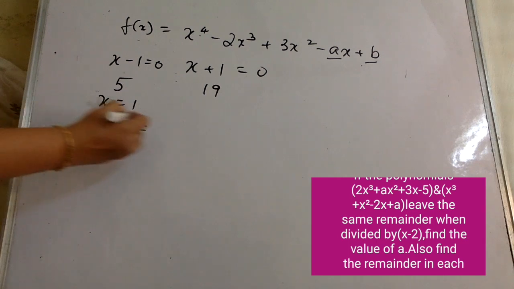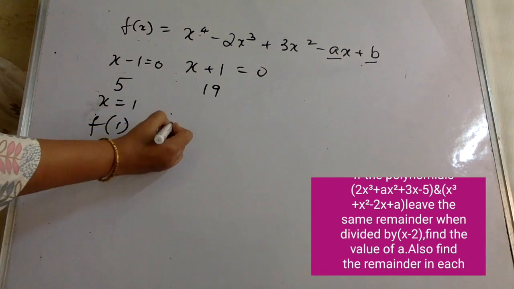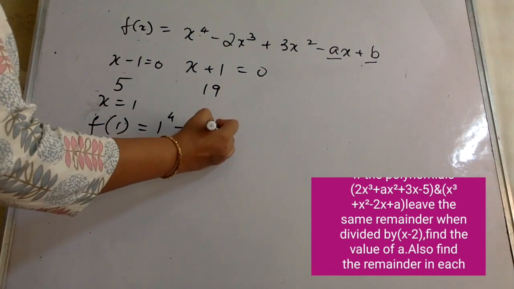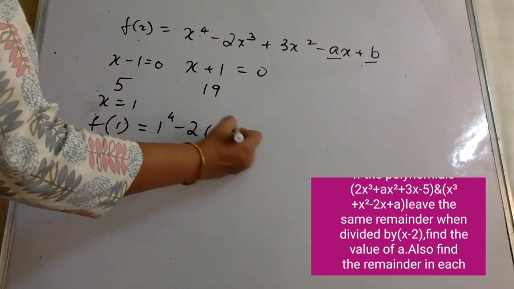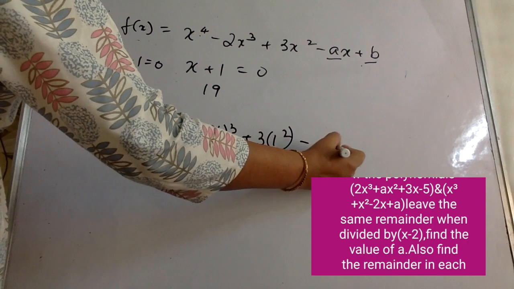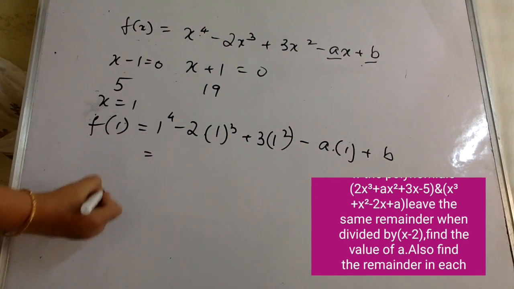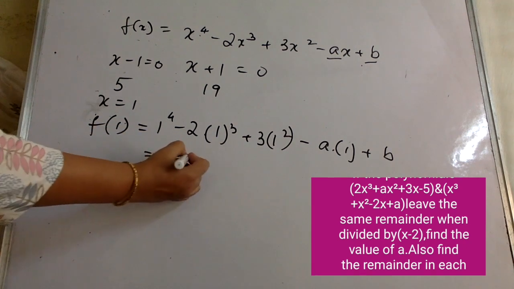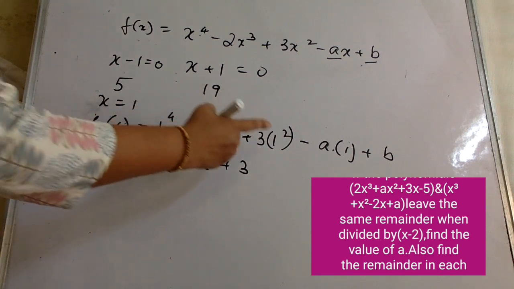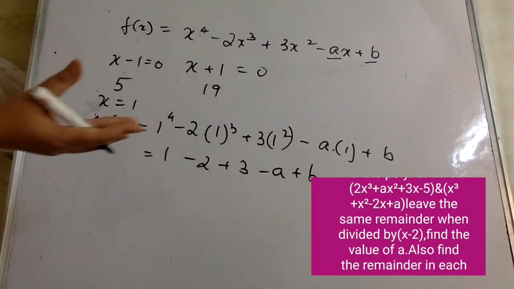F1 is equal to 1 to the power 4 minus 2 into 1 cube plus 3 into 1 square minus a into 1 plus b, which is equal to 1 minus 2 plus 3, because 1 cube or 1 to the power 4 or 1 square, everything is nothing but 1.